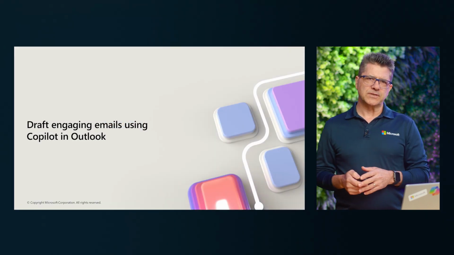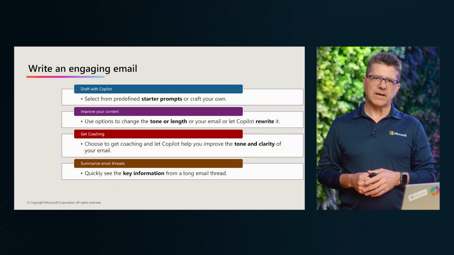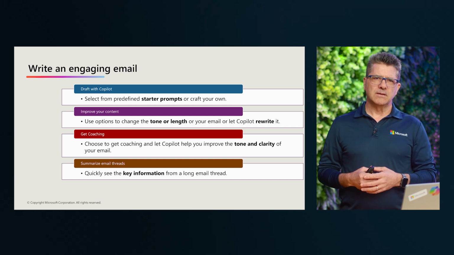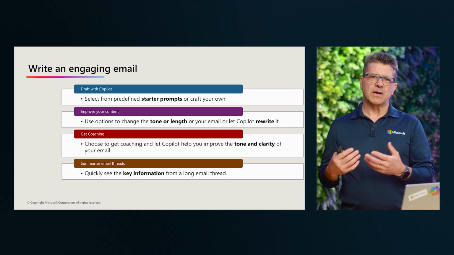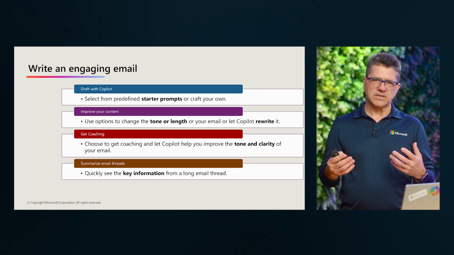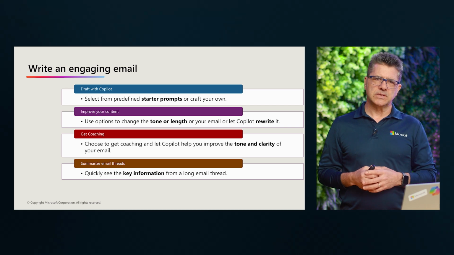So what about drafting those emails? What do I need to know to draft an email with Copilot? Well, simply, I can open up Outlook, access Copilot, and start drafting an email. Immediately, by simply clicking the button, I'll be able to start a conversation. Maybe I just want to respond to a particular note.